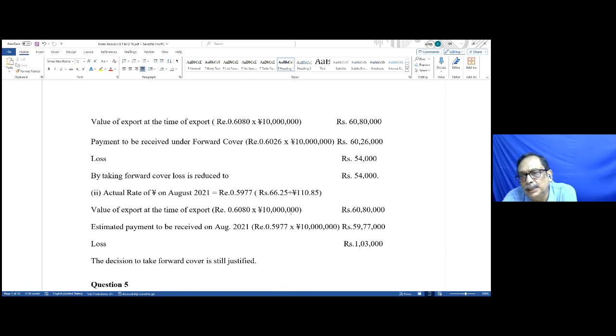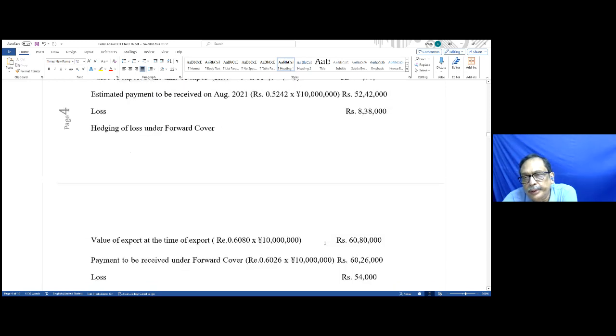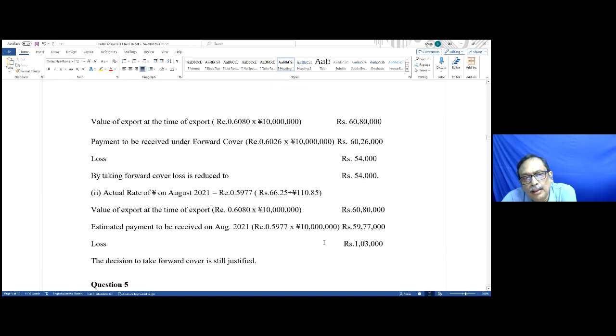It comes to 60 lakhs 26,000. So loss will be 54,000. But without hedging, there was a loss to the extent of 8 lakhs 38,000. But taking forward cover, the loss will be reduced to 54,000.